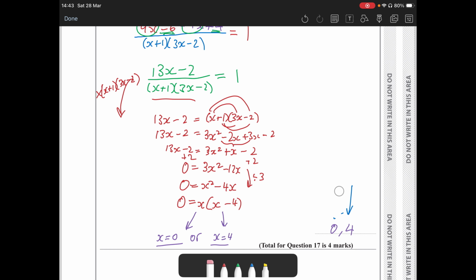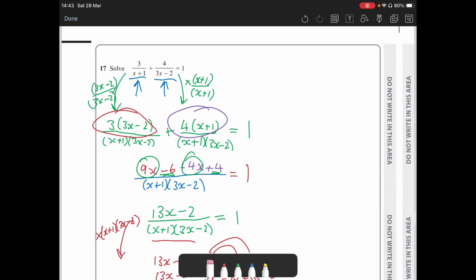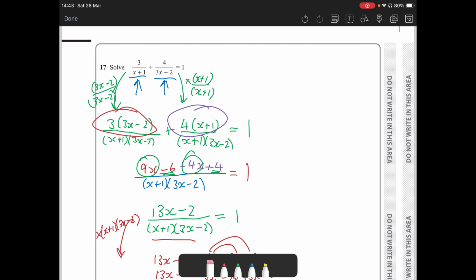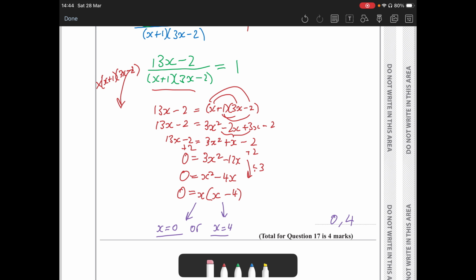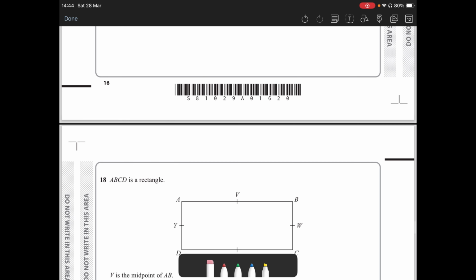But fortunately for us, if you substitute 0, both denominators are not 0. They can be negative, they can be positive, but they can't be 0. So that's fine. And the same thing goes with 4. You're getting a non-zero denominator. That's all you want to avoid. So both are fine. 0 and 4 are the correct answers.